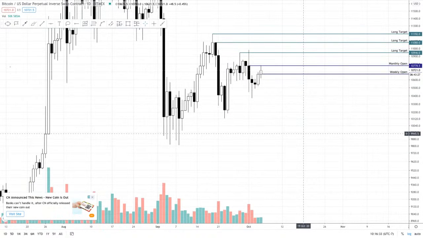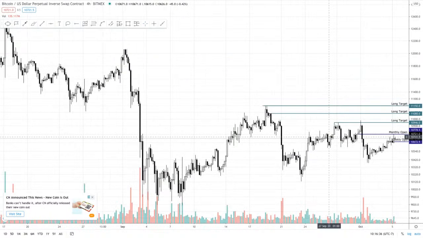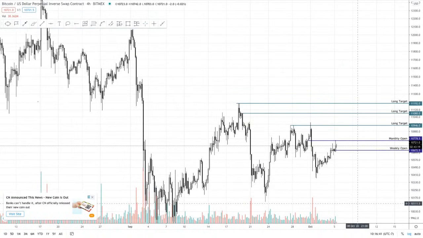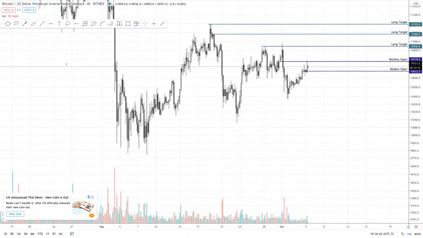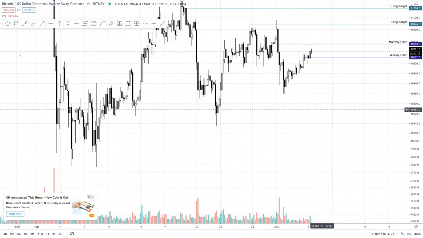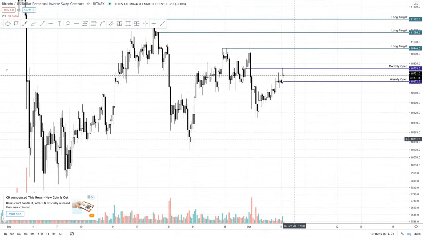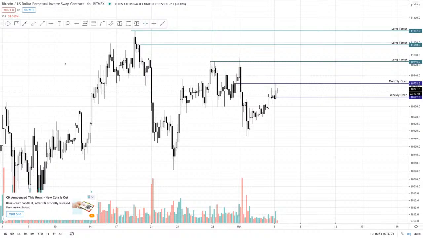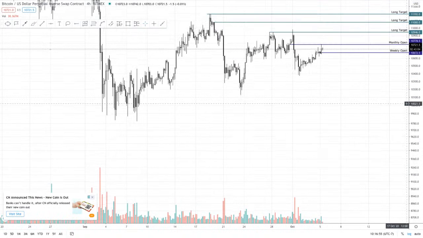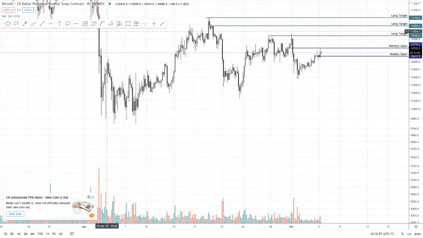Let's look at the 4 hour. Break it down one last time. Alright, so one thing that I do see is this trend line that's been holding price up here.